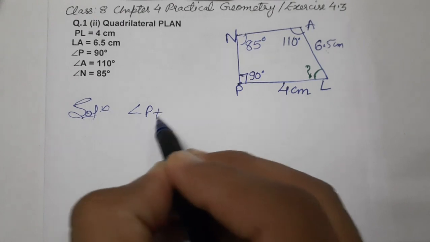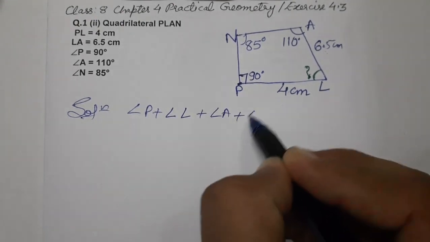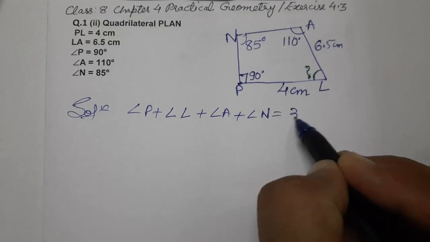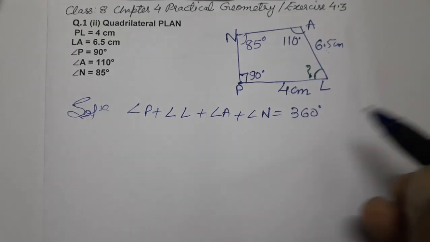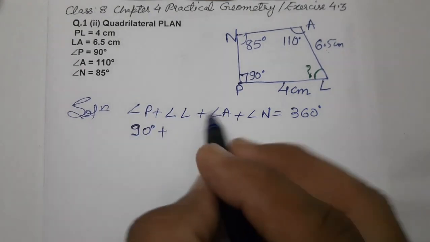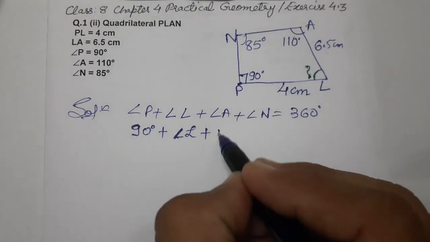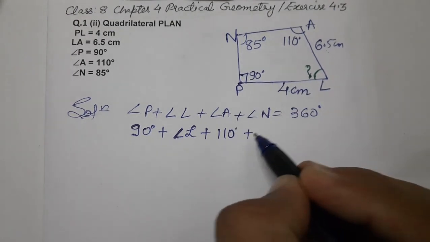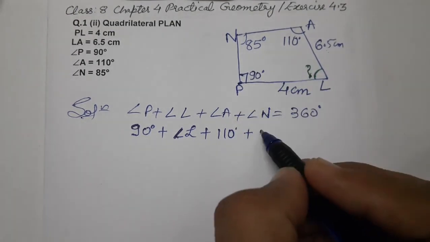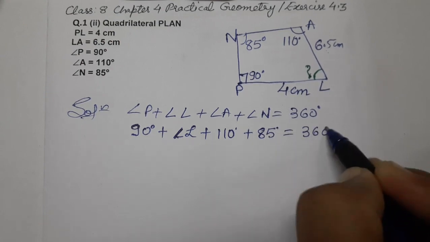Angle P plus angle L plus angle A plus angle N equals how much? 360 degrees, the angle sum property of quadrilateral. Put the values. 90, L we need to find out, angle A is 110 and angle N is 85 degrees, equals 360 degrees.